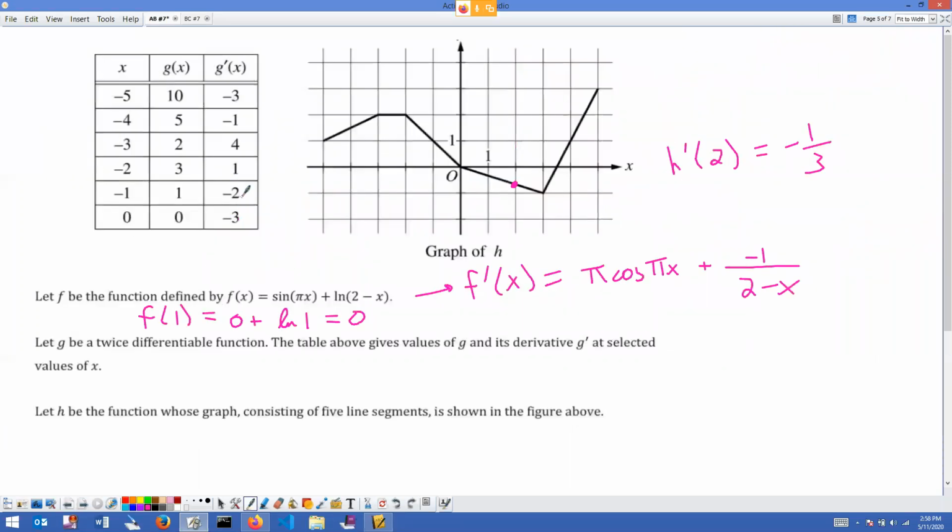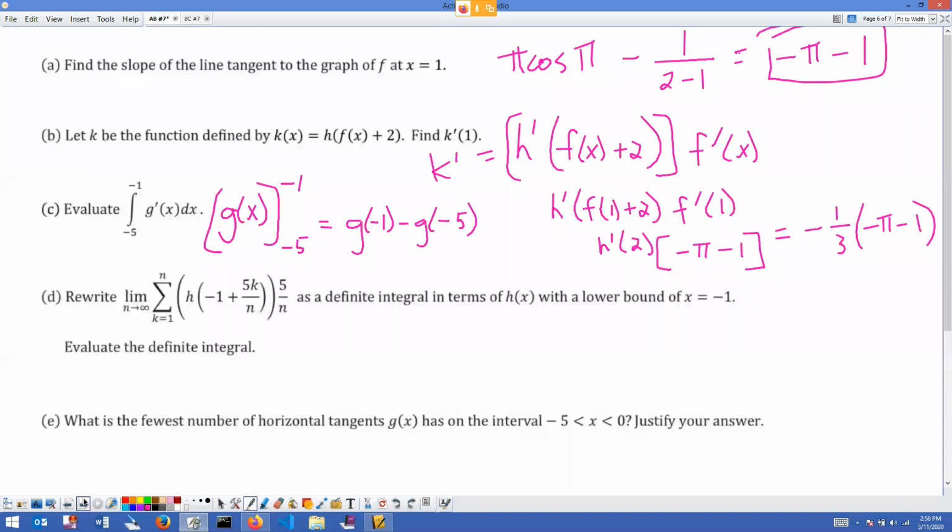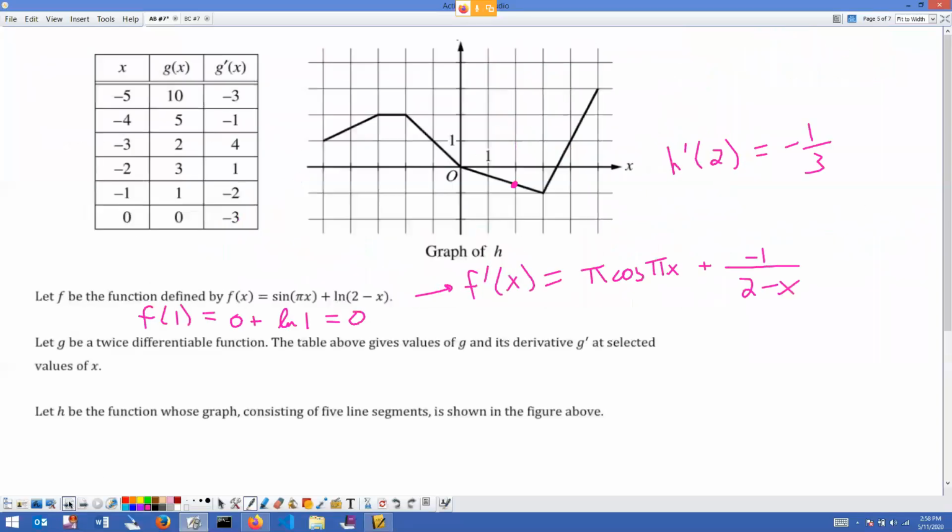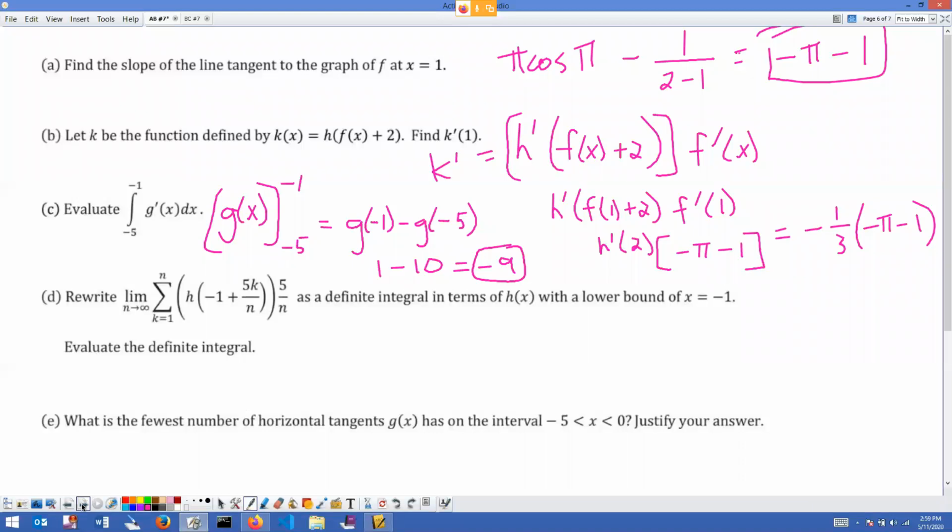Sorry, g of -1 is 1, and g of -5 is 10. One minus 10 gives you -9. Any questions on part C there?